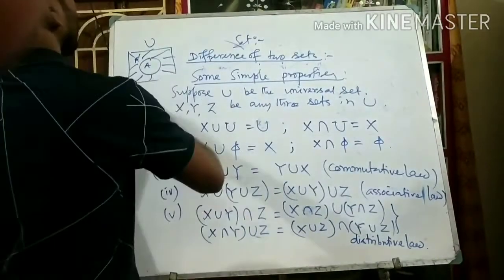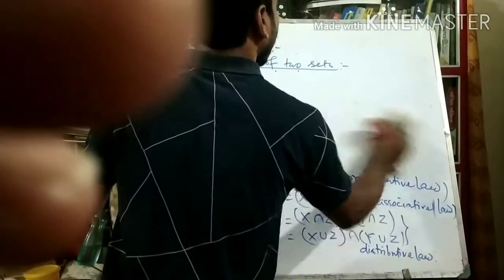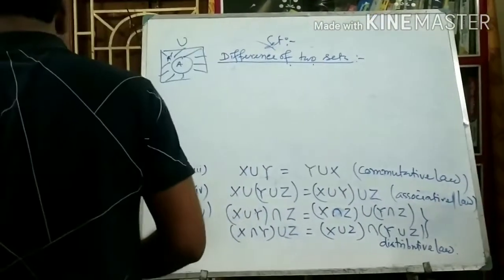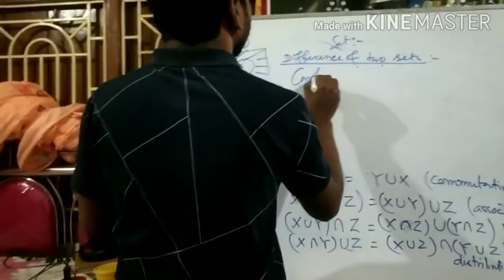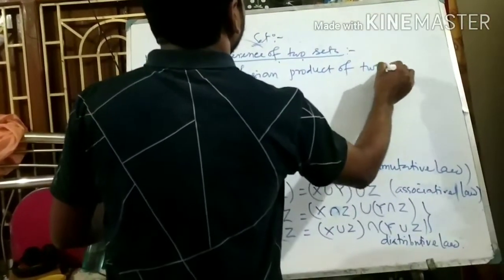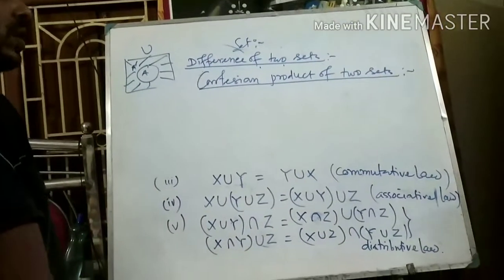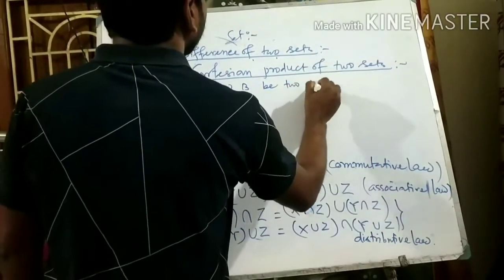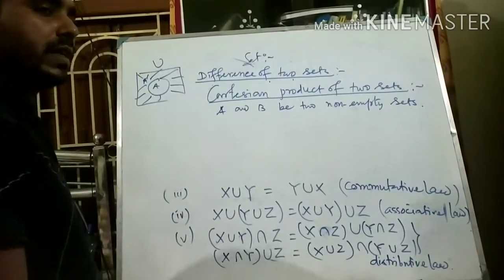Next, we come to another definition called Cartesian product of two sets. Suppose A and B are two non-empty sets.